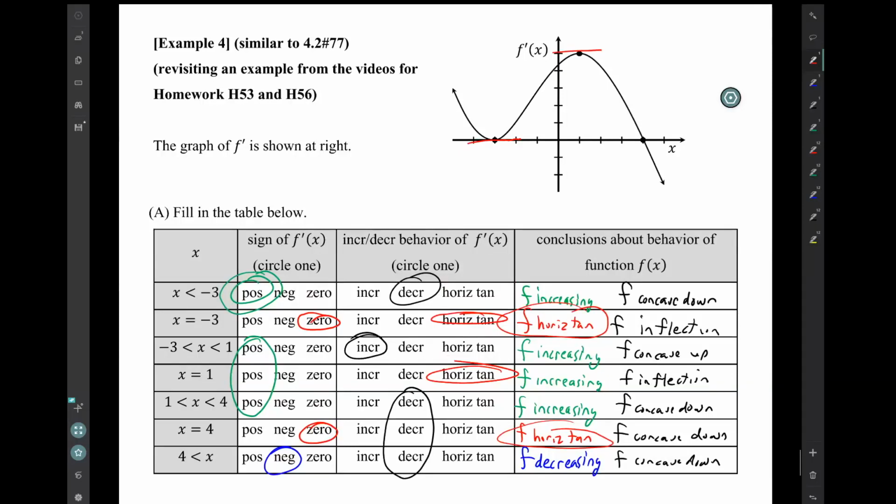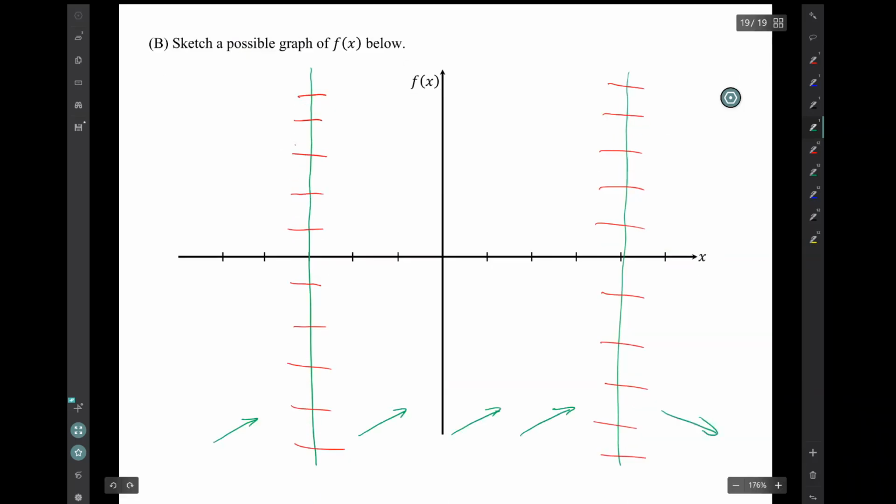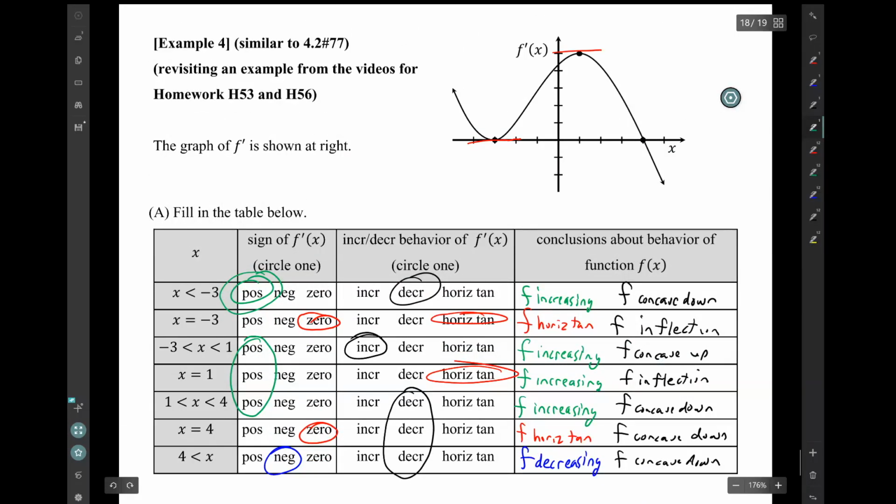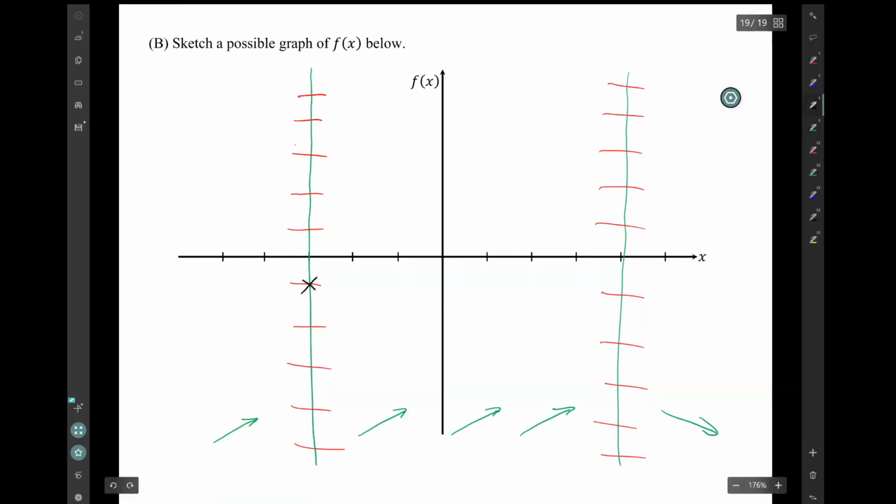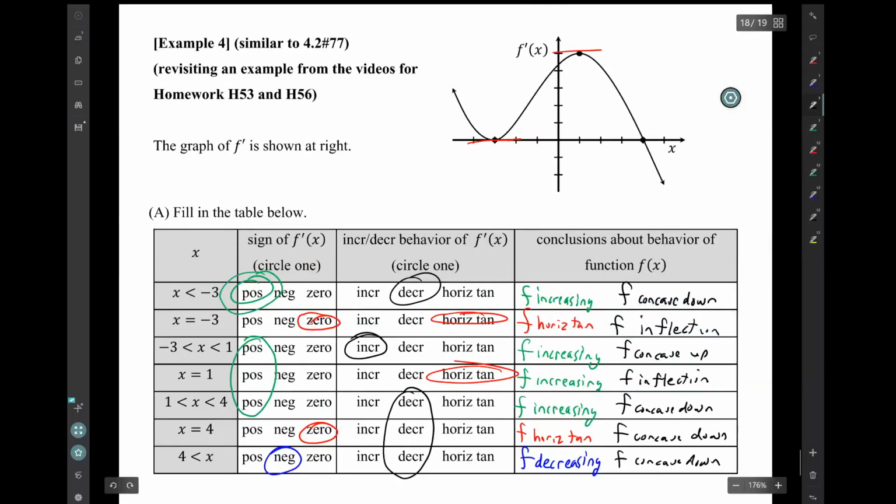We know that f is increasing in these intervals and then decreasing in the far right interval. Let's go back up. F has inflection points at x equals -3 and at x equals 1. So let's put those on the graph. And then f has to alternate being concave down, concave up, then concave down.